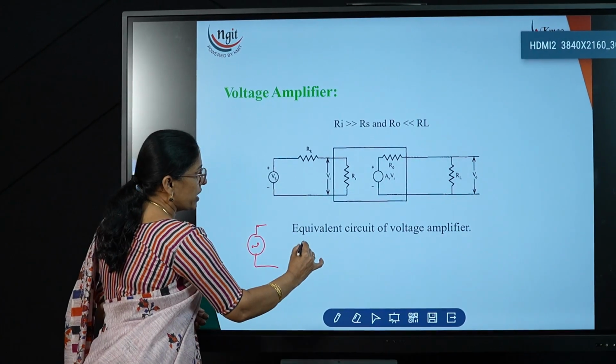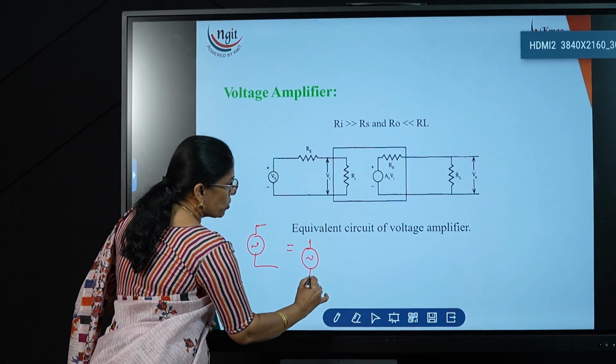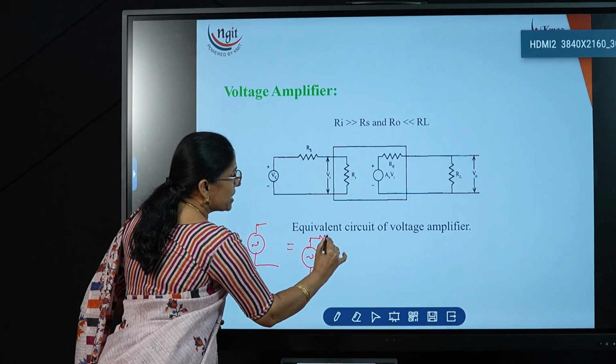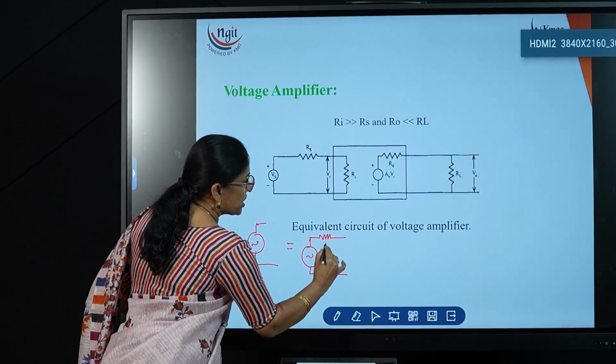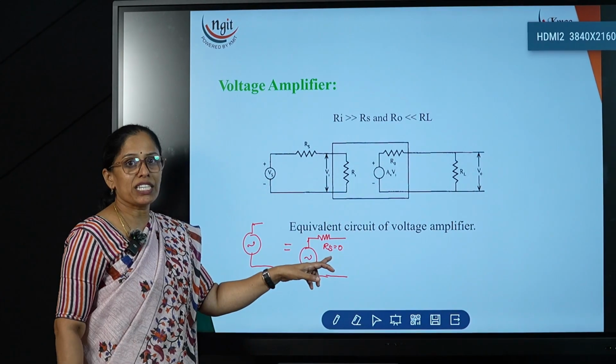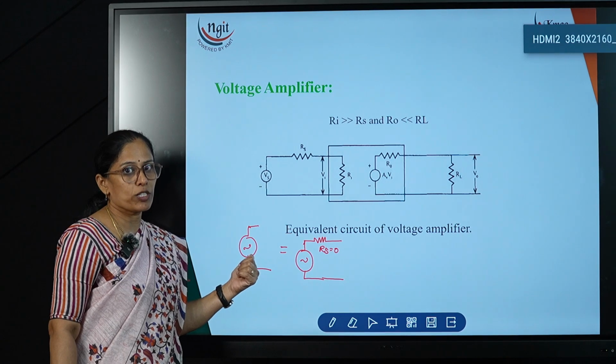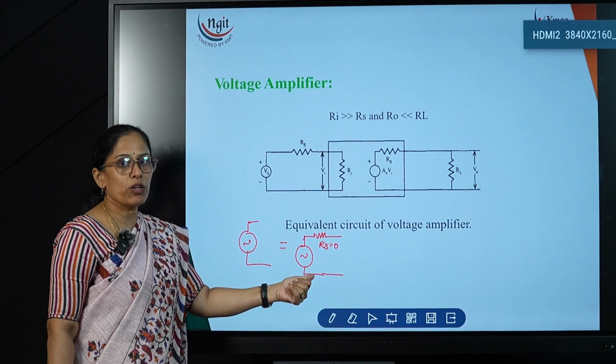A practical voltage source always has a series resistor. If this series resistor value is lesser, Rs is equal to 0, it acts like an ideal voltage source. So this is the equivalent symbol for the voltage source.